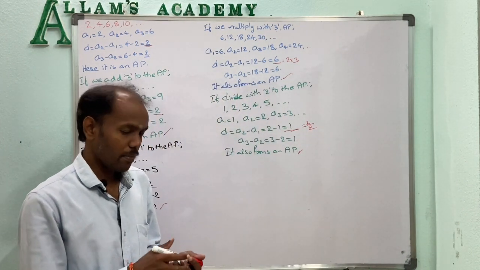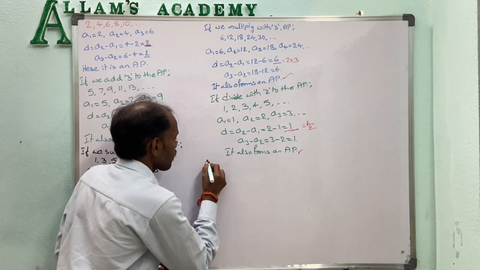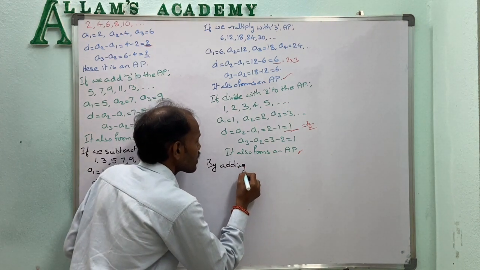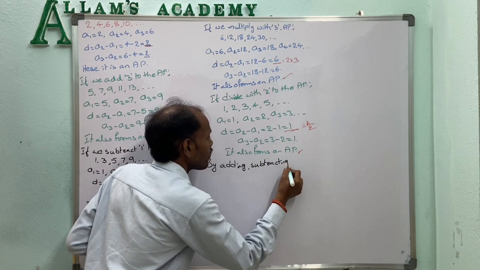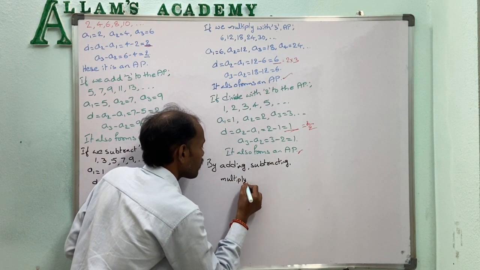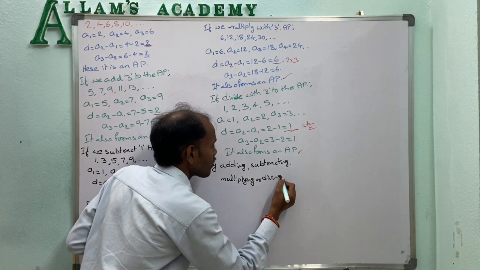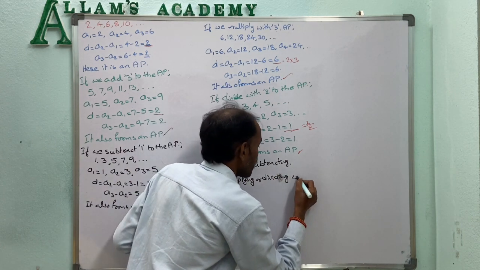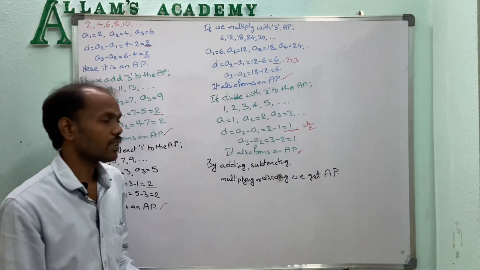So from here we can conclude that by adding, subtracting, multiplying or dividing, we get an AP only for a series.